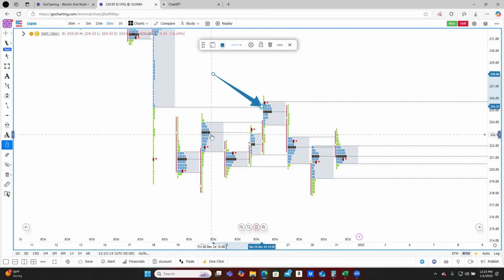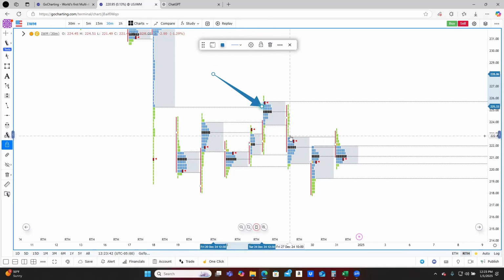If you trade Apple, Nvidia, Amazon, whatever it is you choose to trade, TPO market profile will provide you not only time, price, volume, but also value.